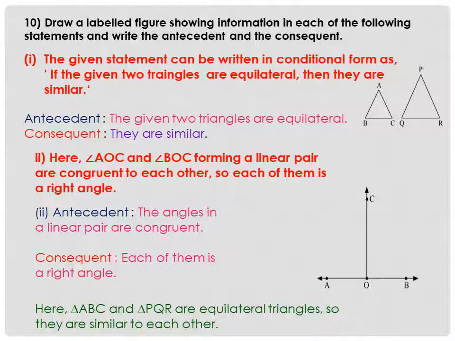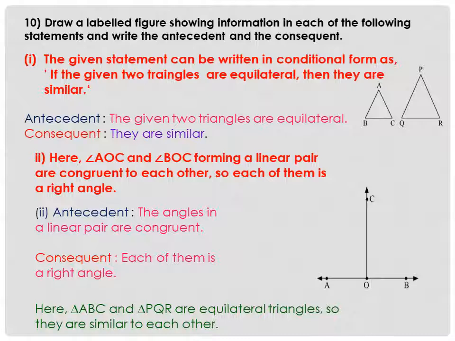Now see sum number 2. Angle AOC and angle BOC forming a linear pair are congruent to each other. So each of them is a right angle. They told us AOC and BOC are linear pair angles and those are congruent. This is the given part. What we want to prove? Those are right angles. Then the antecedent is the angles in a linear pair are congruent.